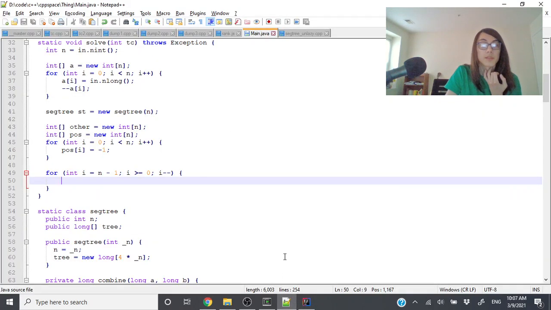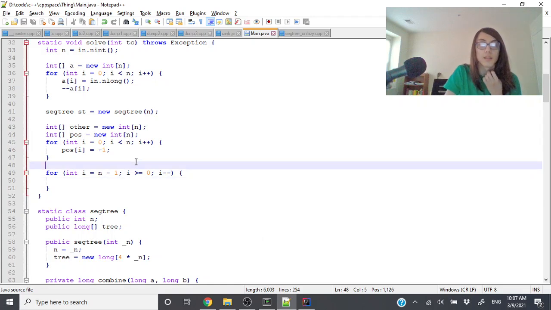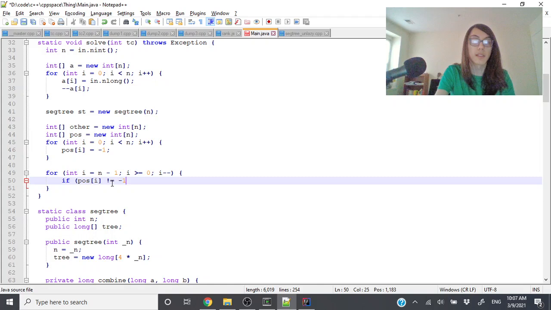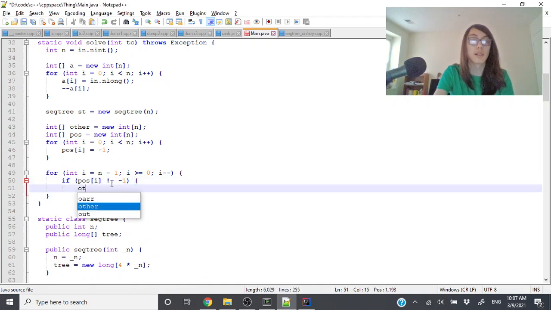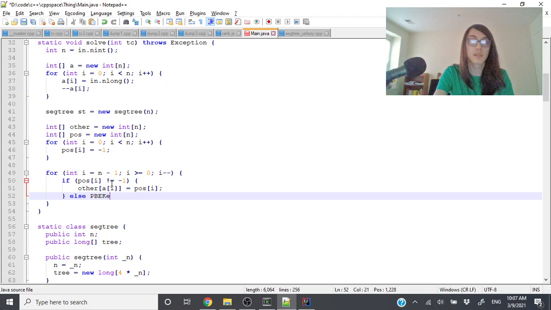for int i equals n minus 1, i is greater than or equal to 0, i minus minus. Oh, yeah. If pause[i] is not equal to -1, then other[i] is equal to pause[i].